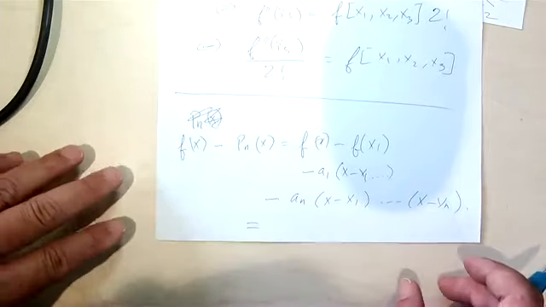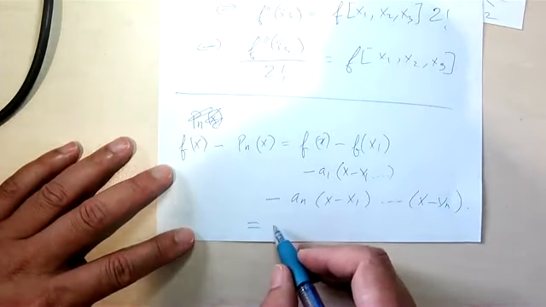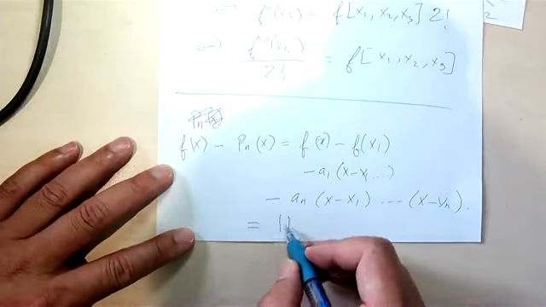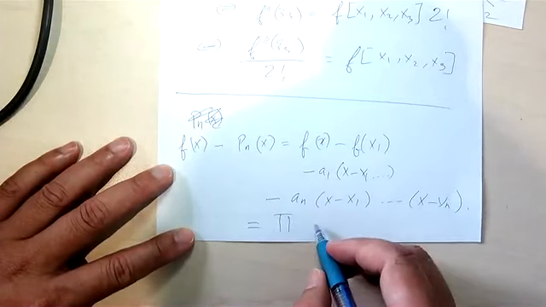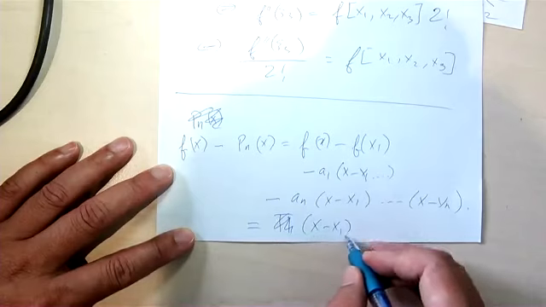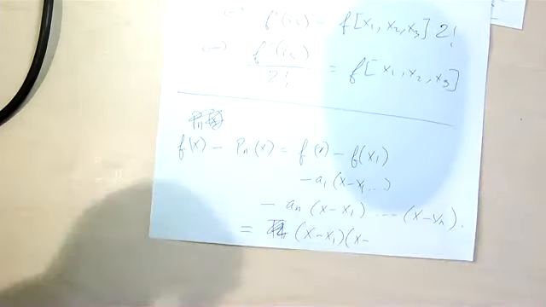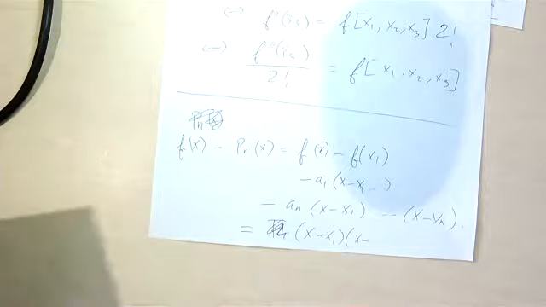If you add on a new point, then it will be something like this. It will be a product of x minus x1, x minus... no, maybe let me rewrite it. It's a bit unclear, yeah.